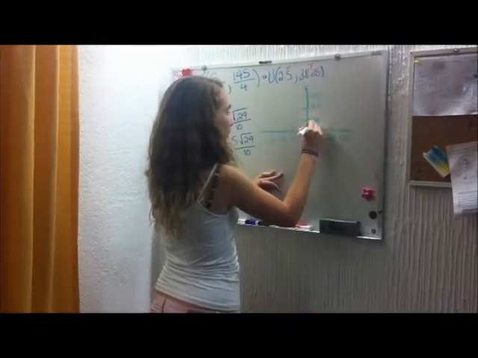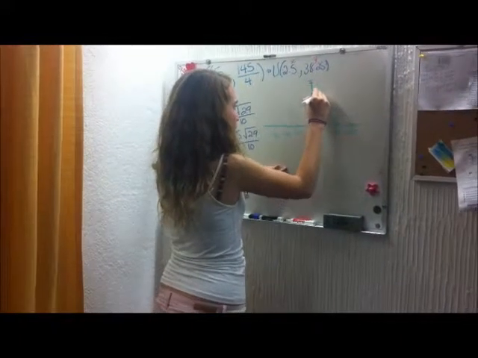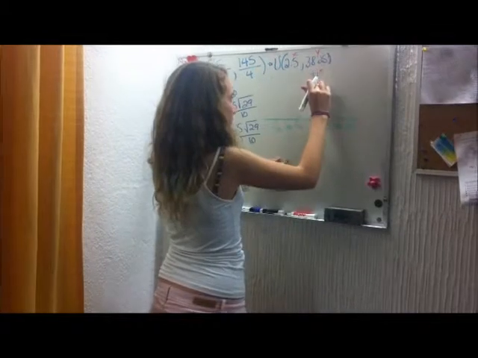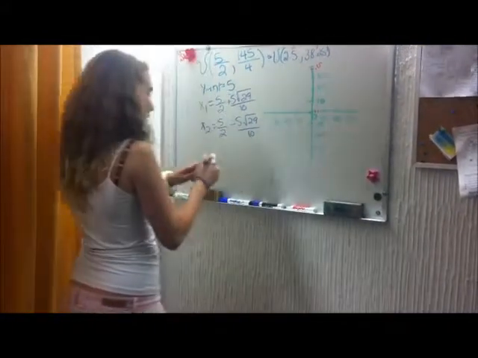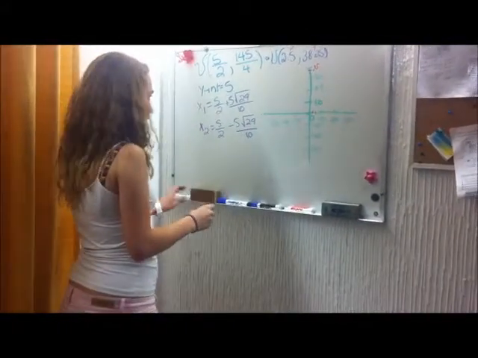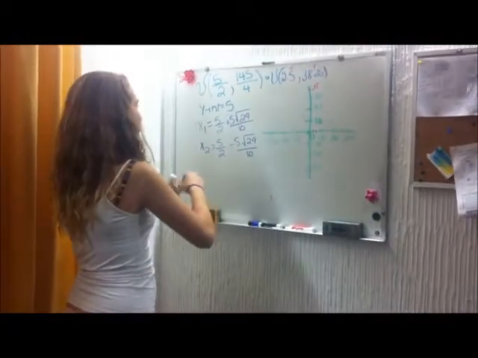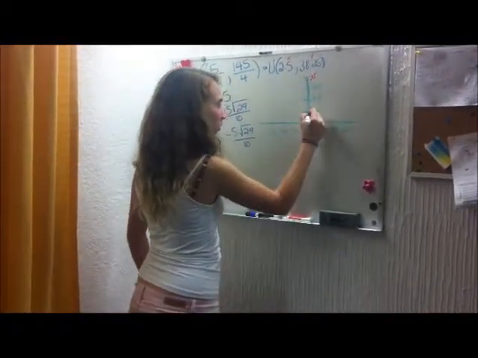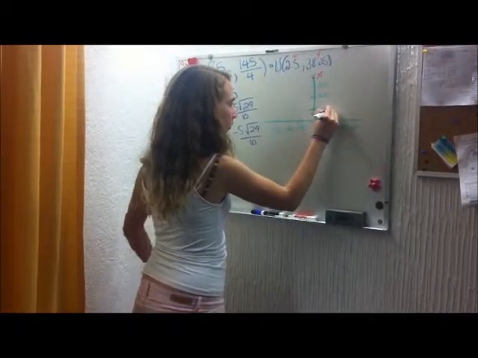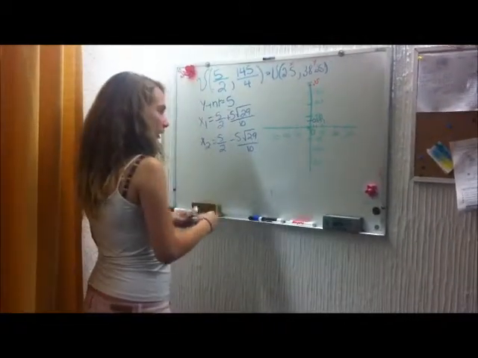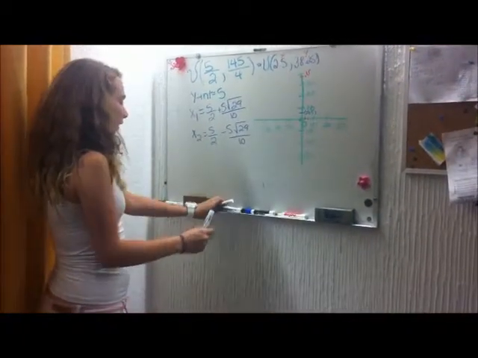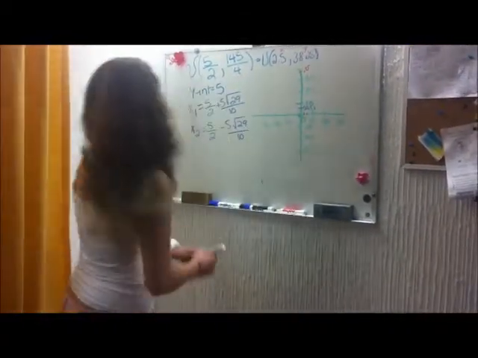So we only kind of do something like this. Here is our vertex. Okay. Then we're gonna find the y-intercept, that is here. It is 0.5.